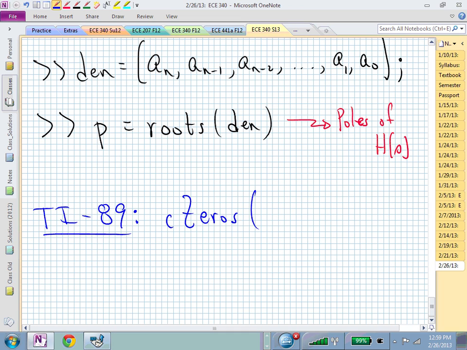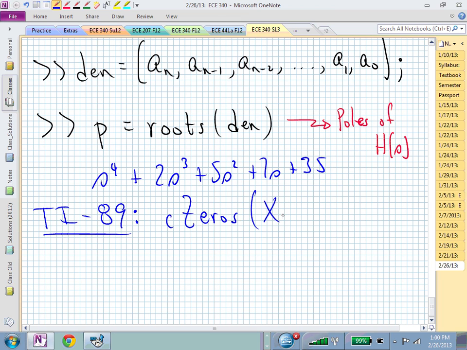If it was some fourth order polynomial, let's say s to the fourth plus 2s cubed plus 5s squared plus 7s plus 35, for example, then we might say something like, well, S on the TI-89 is kind of buried on your front panel, and I like to just use X because that's an easily accessible key.